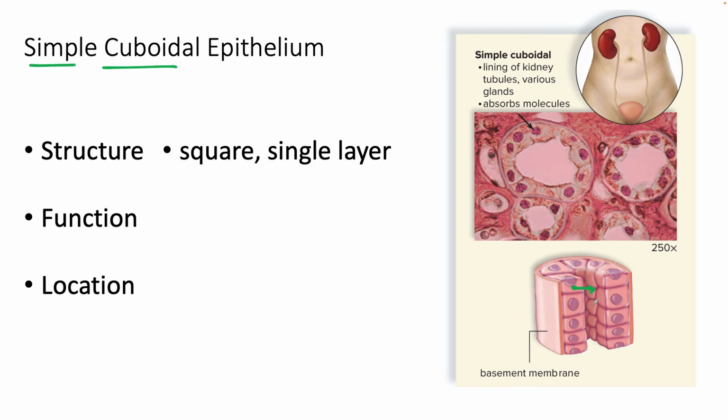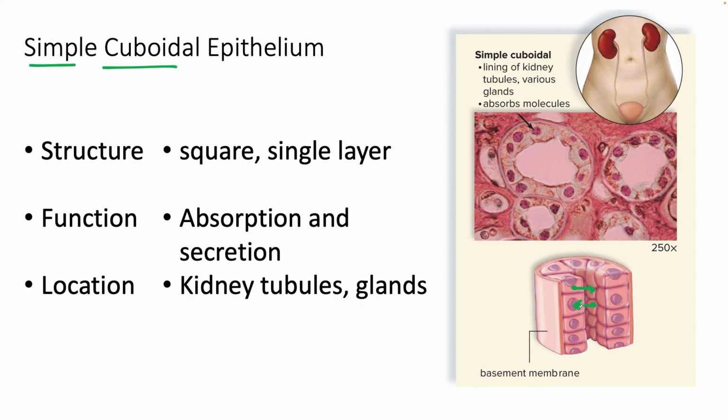Or if these cells are lining a tube and there's stuff in the tube, we can import it into the cell. And so the function here is absorption and secretion. And you would find this in places where you're doing a lot of absorption or secretion. You're doing a lot of absorption in the kidney tubules, and you're doing a lot of secretion there too, and also in the glands.